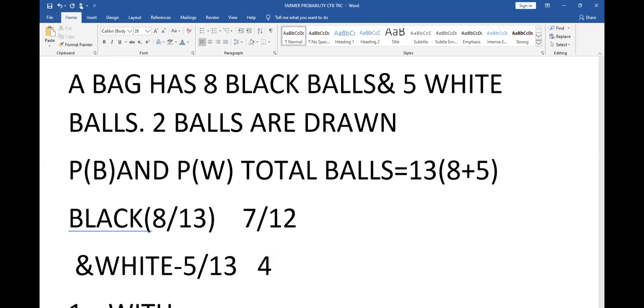What is the total number of balls? 4 plus 8, these are black. So the total number of balls that remain is 12. So the probability of picking a white ball without replacement the second time is 4 over 12, which can be simplified further.